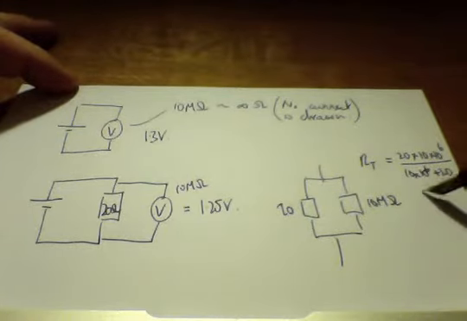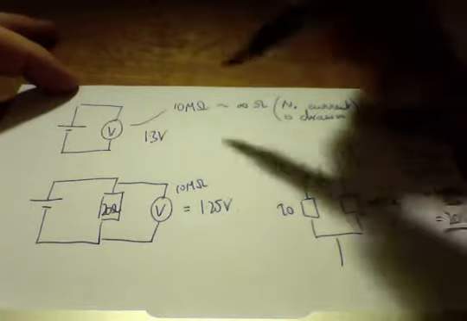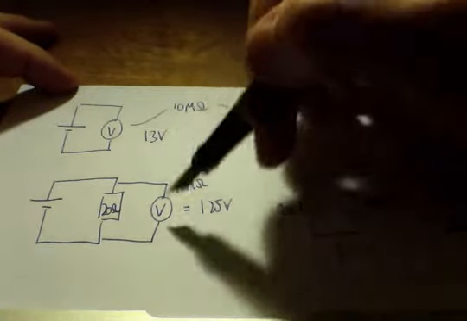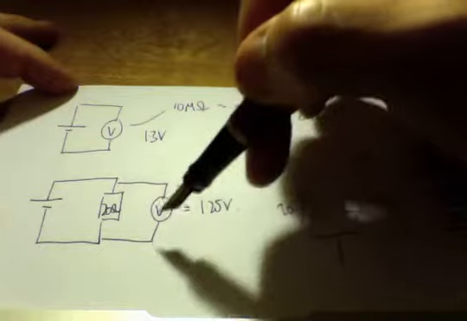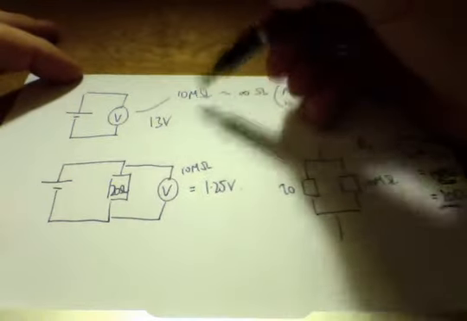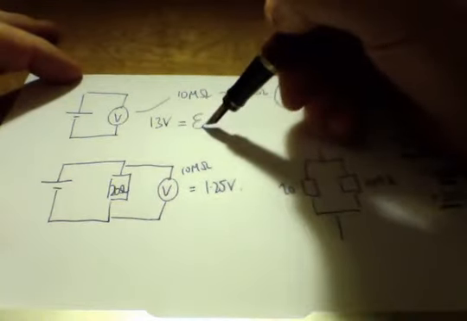And when you plug that into your calculator, you just get the 20 ohms back. So with a huge resistance like this, you can almost ignore it from the system. It's drawing no current, so it's having no effect upon the circuit. So what you're measuring here is the EMF.